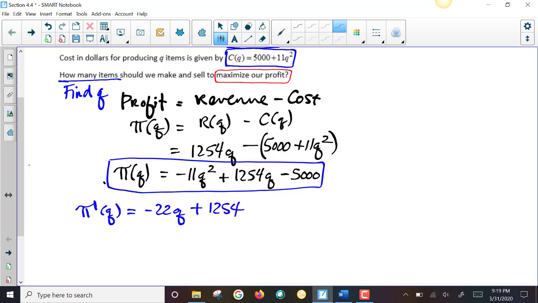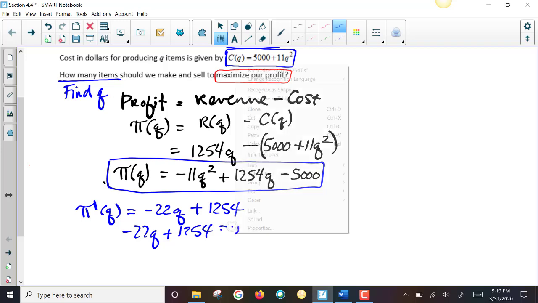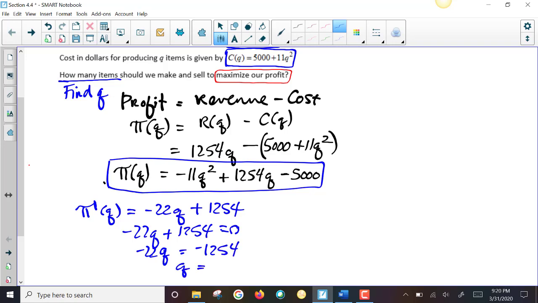All right, and of course, then we want to find the critical point, set it equal to 0, and solve. So if we solve this for Q, we get Q equals 57.